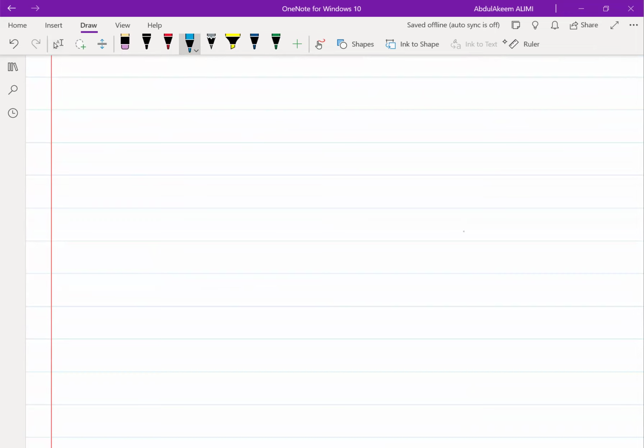So let's draw our first cardinal point here. This is Port R, and I have north, south, west, and east.